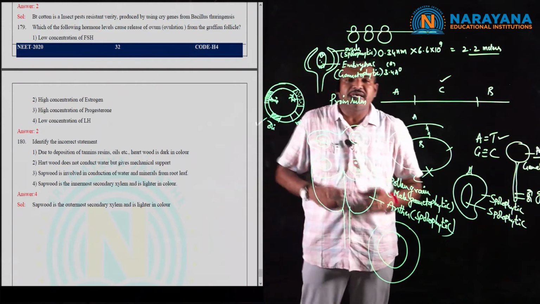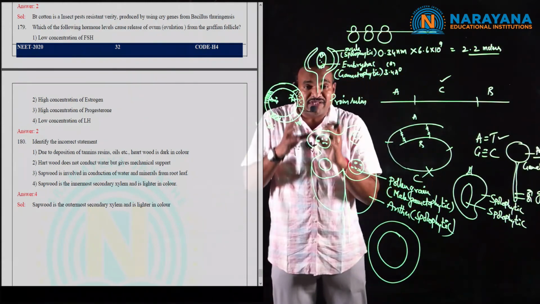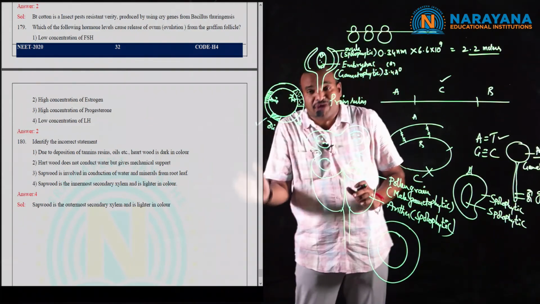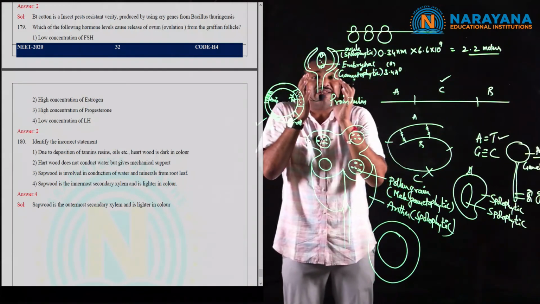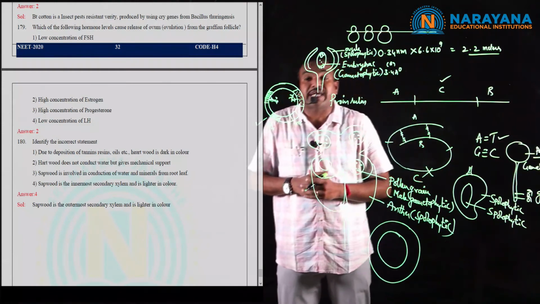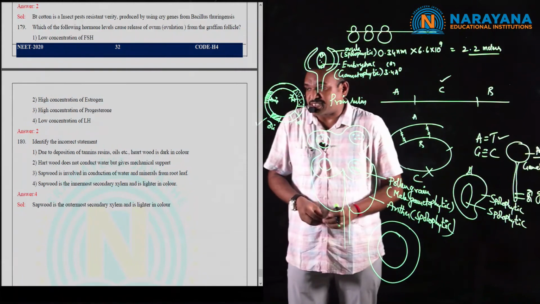It is inactive wood, not useful for conduction of water and minerals because the lumen of the xylem vessels is blocked by tyloses. Tyloses are formed by xylem parenchyma into the lumen of xylem vessels. By that the xylem vessel lumens are blocked by tyloses.